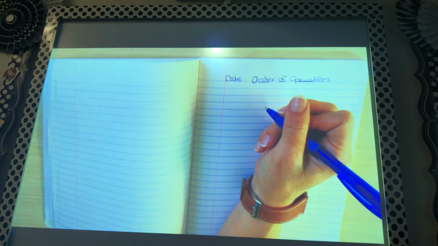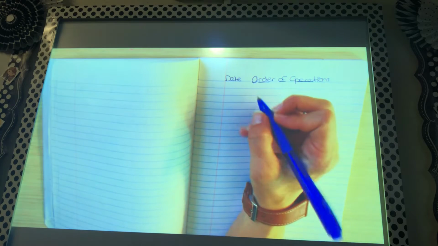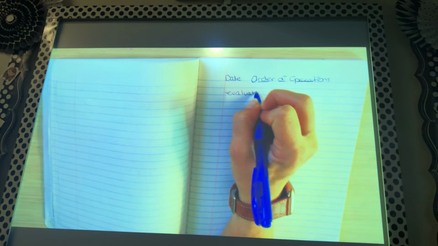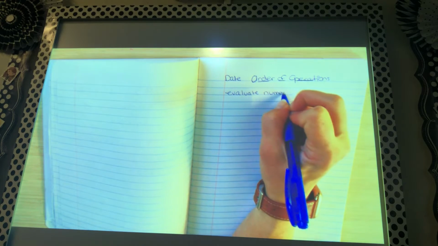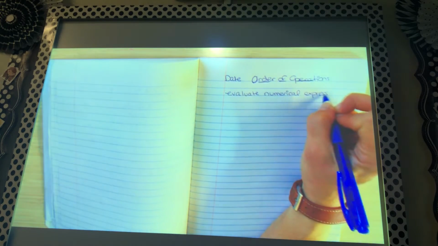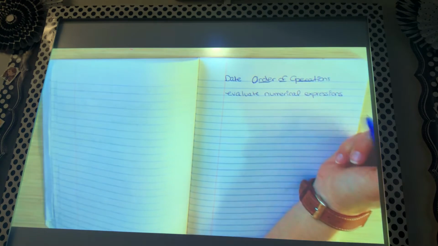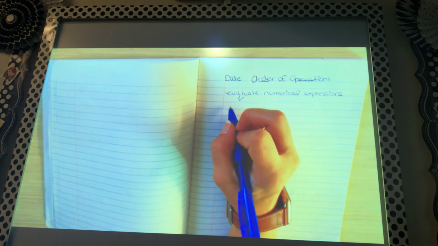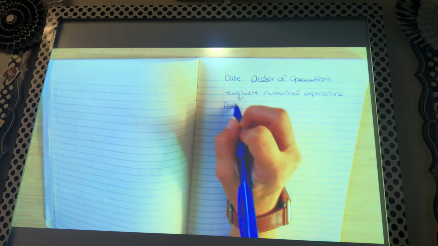So when we're looking at order of operations, we are evaluating numerical expressions. That's essentially what we're doing. So our vocabulary, the word evaluate means to find the value of.